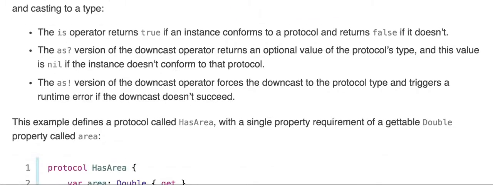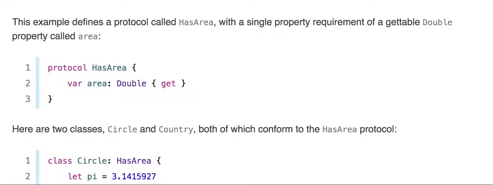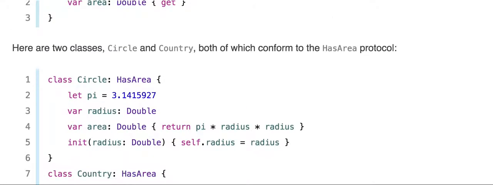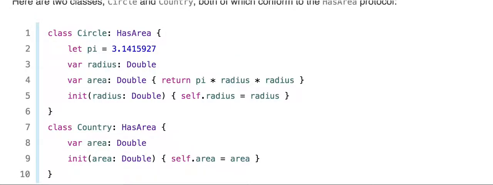So here's a protocol HasArea, which has to give you an area. And so Circle implements HasArea, and we can get the var area as pi r squared, or pi * r * r. The init takes a radius, which sets self.radius, which is a Double, and pi is set to 3.14.